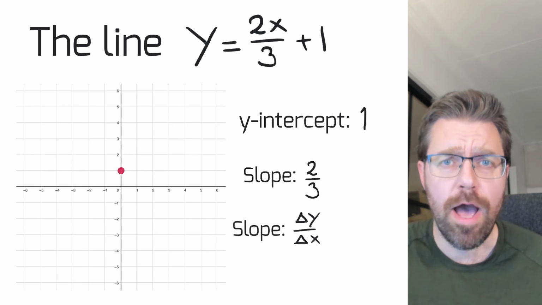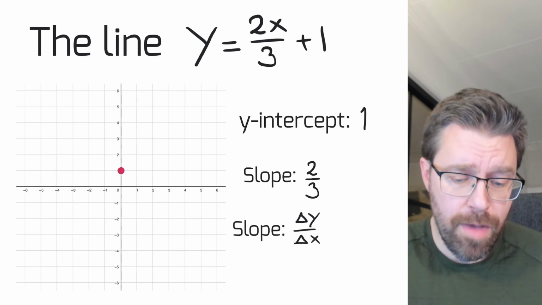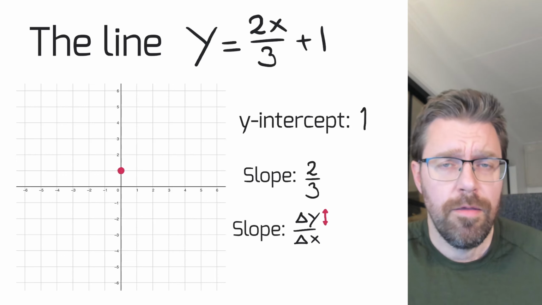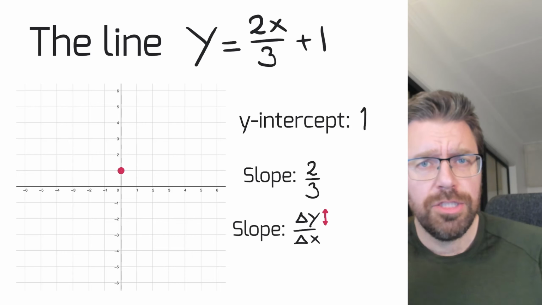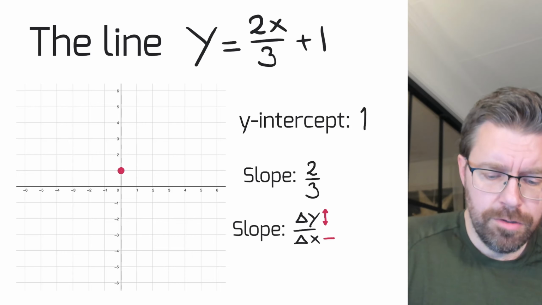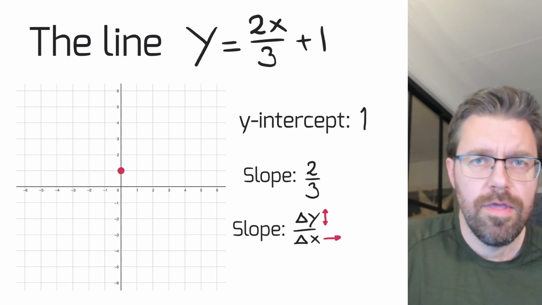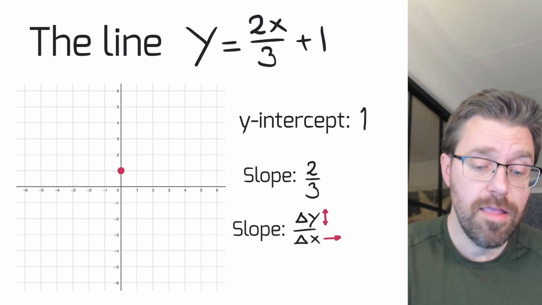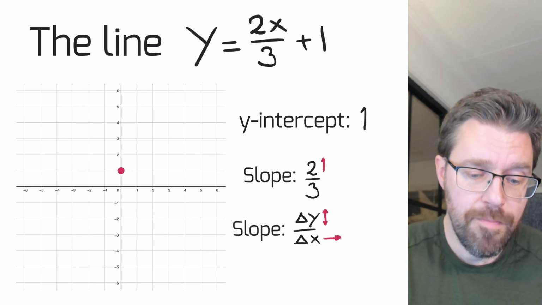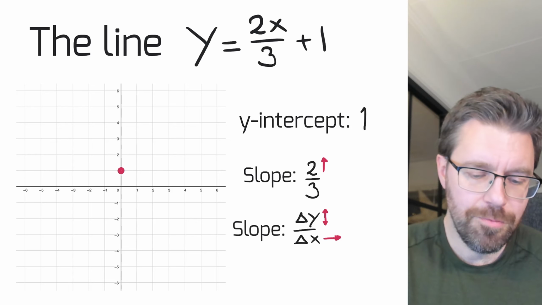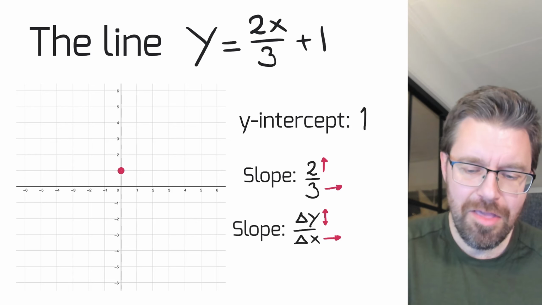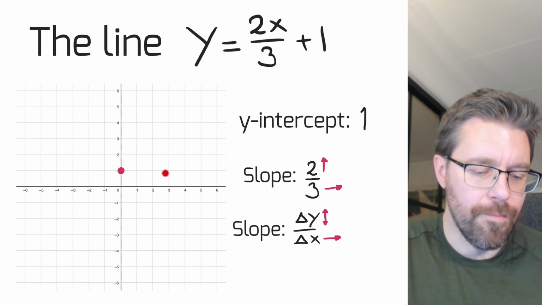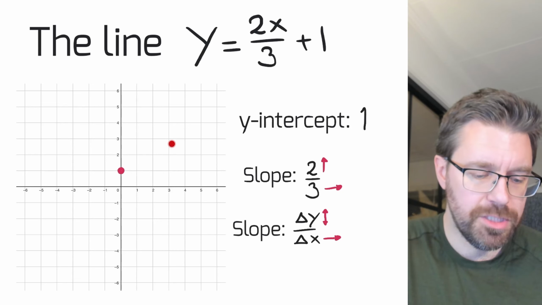The change in y tells me how much I go up, or down if it's a negative number, and the change in x tells me how many steps we go to the right. So this slope means we will go 2 steps up and 3 steps to the right. So, okay, to the right first. Okay, jump, jump, jump, and up, jump, jump.